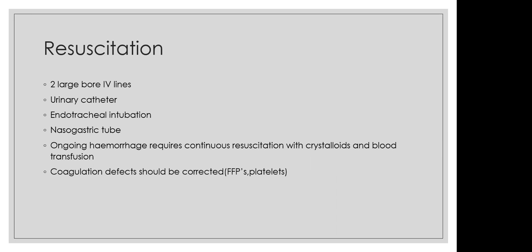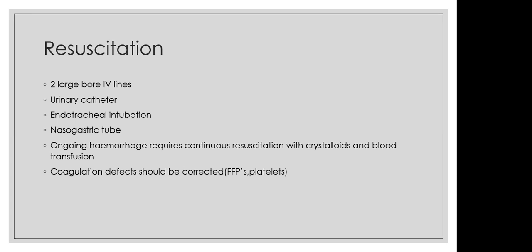Some of these patients might present mentally obtunded or having massive hematemesis, which might put them at risk of aspiration. So in order to protect the airway, you need to assess whether you need to intubate the patient.